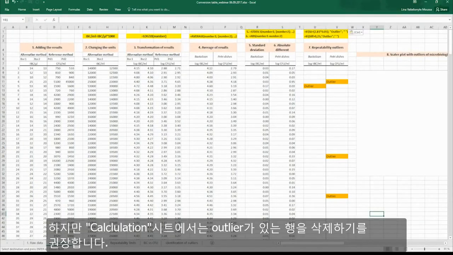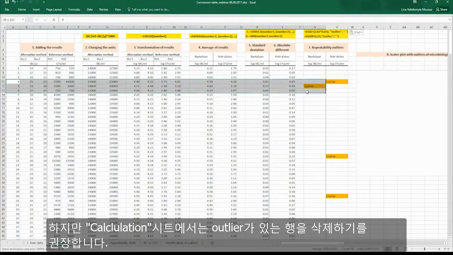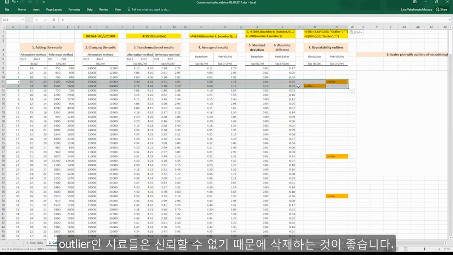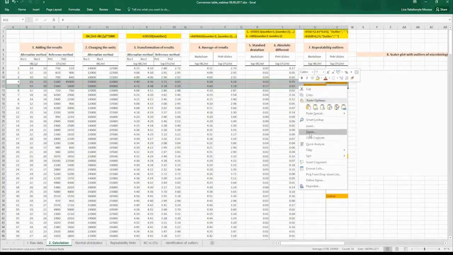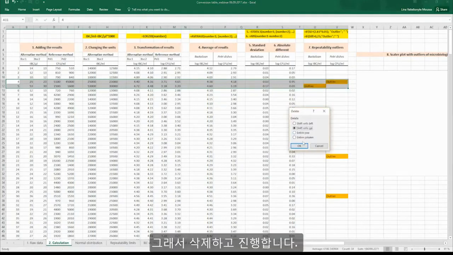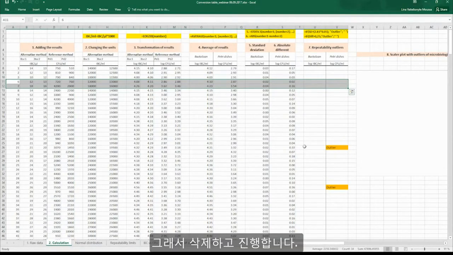However, in the calculation sheet, I'm recommending to delete the lines which have outliers, because we cannot work with repeatability outliers. These samples have been done, something wrong happened, so they have to be deleted. So delete and shift cells up.